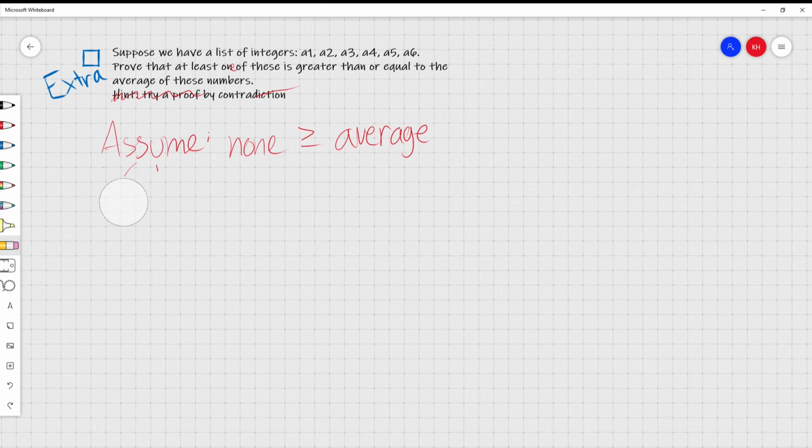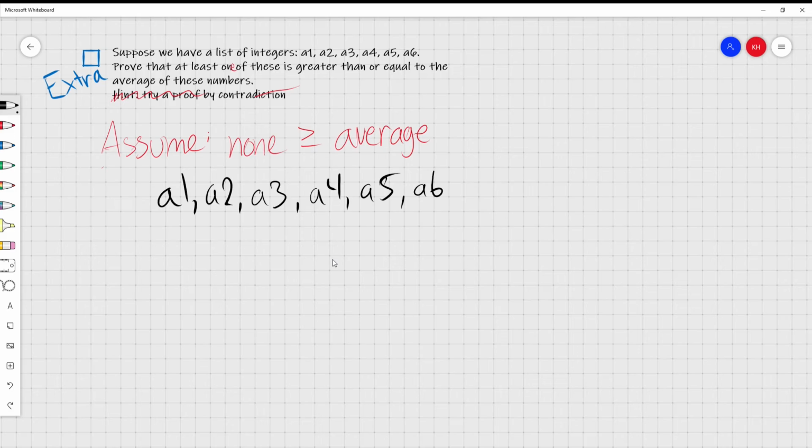I did not go over this problem, so I don't know the exact path to take right away. So we'll just write out what we know. So we do know with our assumption here that A1, A2, A3, A4, A5, A6 are going to be less than the average, because they can't be equal to in this case because of that.